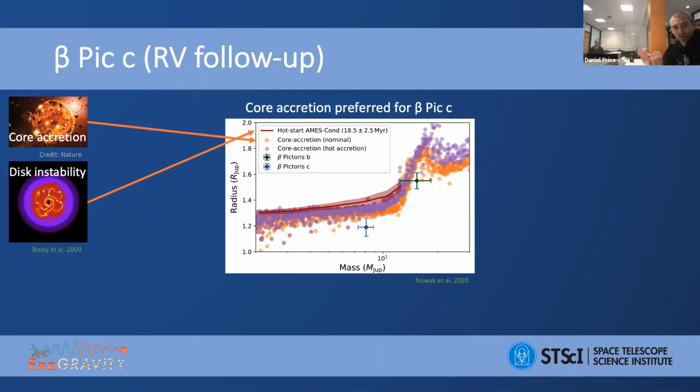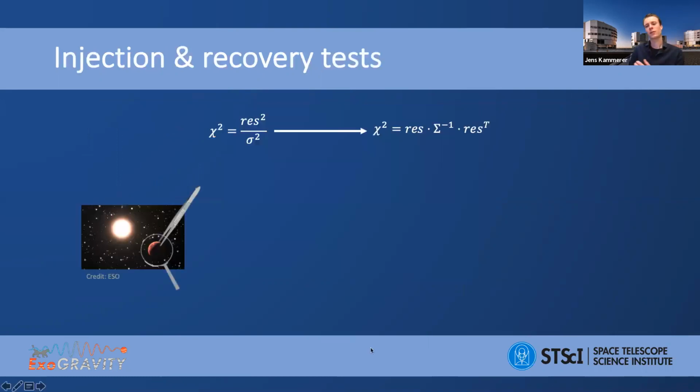There's a question before from Ethan, which was, basically, if the main point of GRAVITY is to follow up things, why does it matter that you get false positives? Right, this is a good point. What I have been hiding a little bit is that this correlation business that I've been showing is basically when you do full-on axis observations with GRAVITY.